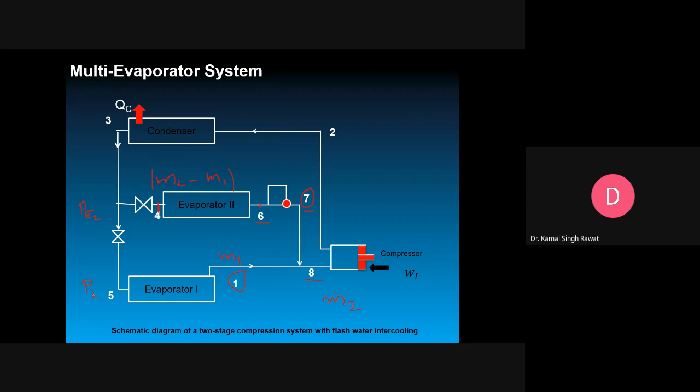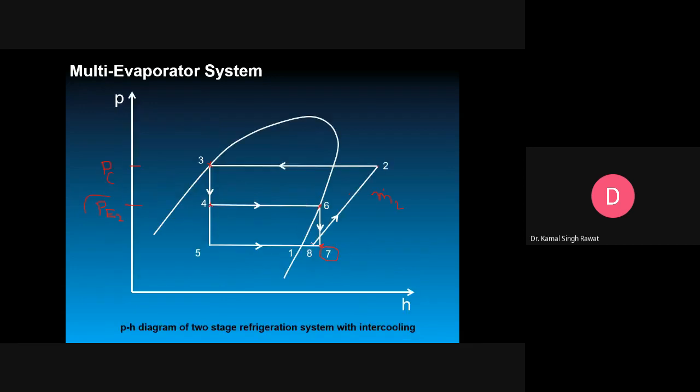This point is clear or not? Yes, sir. Okay. So 6 to 7 pressure is decreased from the second evaporator pressure to the first evaporator pressure. And the state of point 7 is superheated.